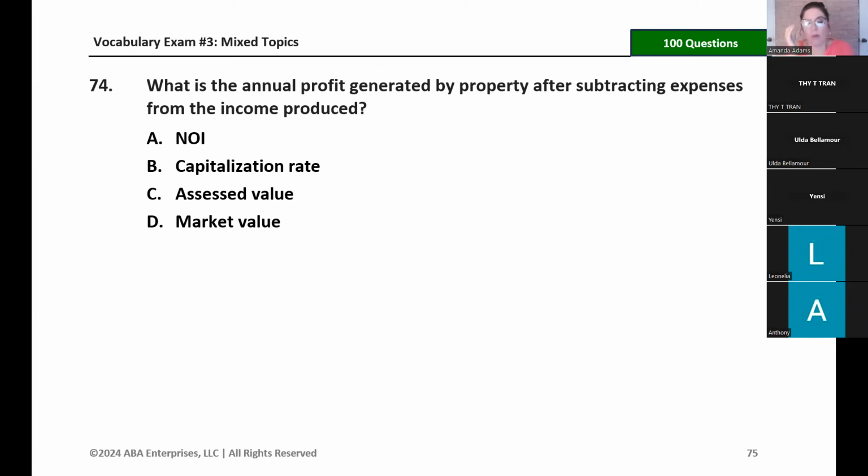What is the annual profit generated by a property after subtracting expenses from the income produced? So we account for all the rent coming in, we subtract for vacancies, we subtract for expenses, and the money left over, what do we call that? That's A. That's the NOI, also called the annual net operating income.